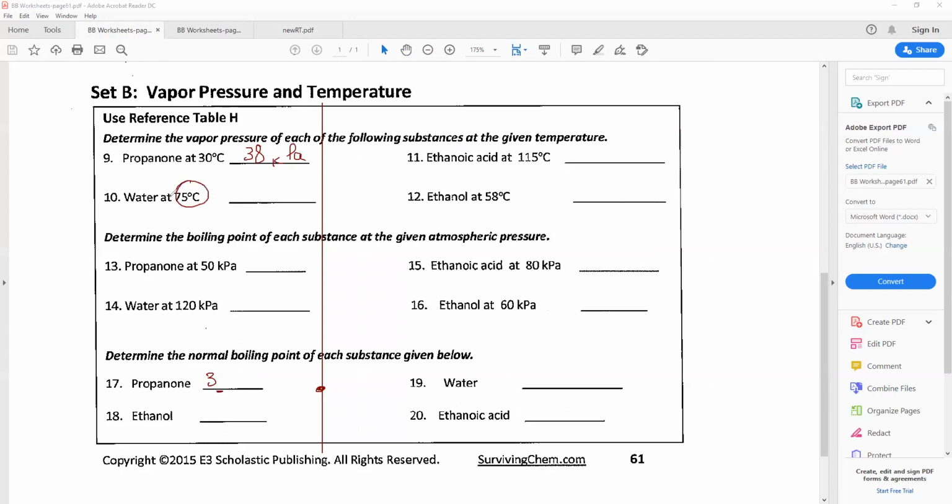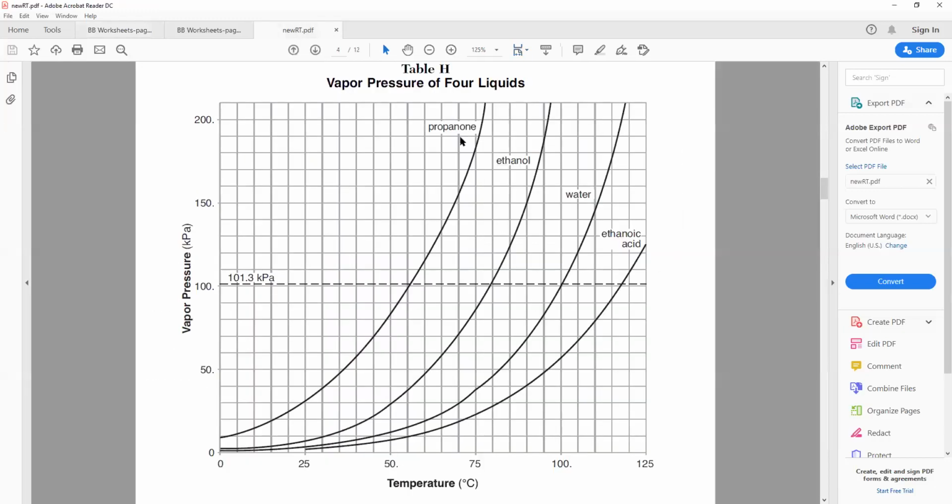Let's look at the vapor pressure of water at 75 degrees Celsius. Let's find water, and water is approximately over here. Let's draw a line across to see where that lies.